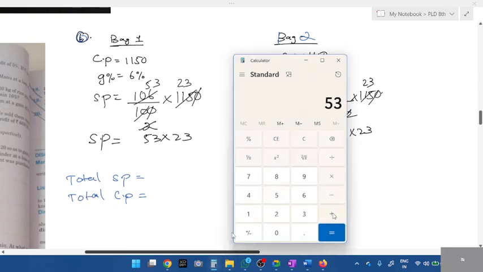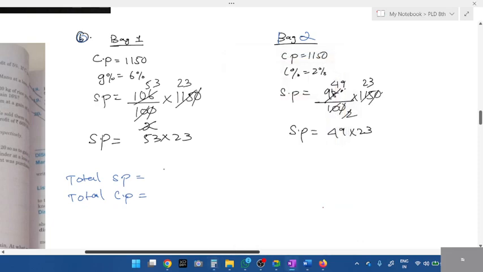So understand the concept and solve it. It is this. This is a very easy chapter, students. 53 into 23, 1219.